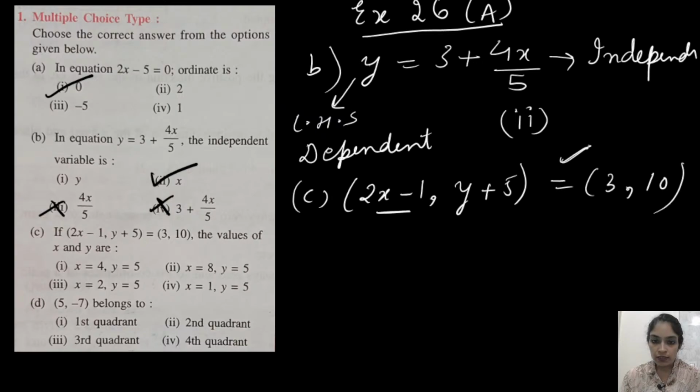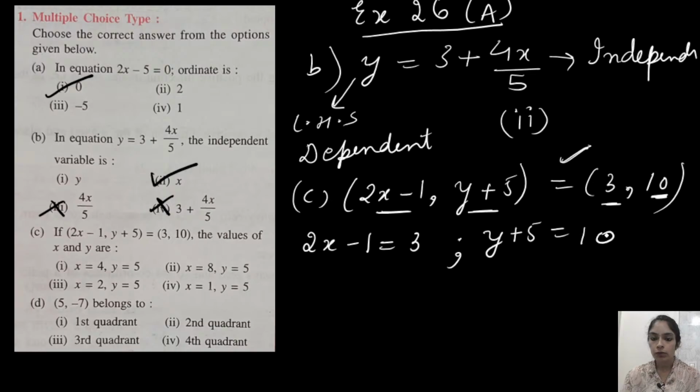That means the first component here equals the first component there. So we can write 2x minus 1 is equal to 3, and the second component of the left hand side is equal to the second component of the other ordered pair. So y plus 5 is equal to 10. Now we can find the values of x and y, as this is what we have to do in question number three.